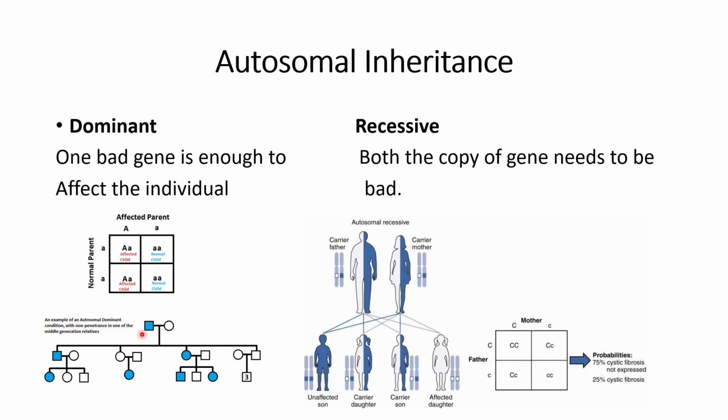One parent is affected by the autosomal dominant condition, and there are 50% chances that their offspring will get affected and 50% that they will not.